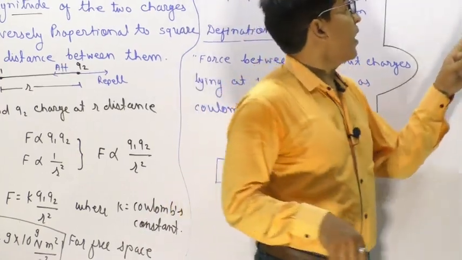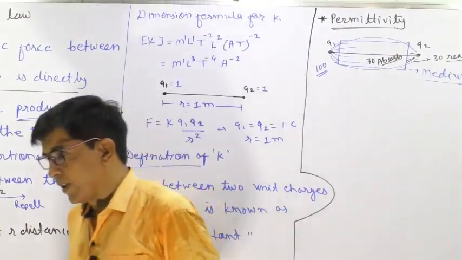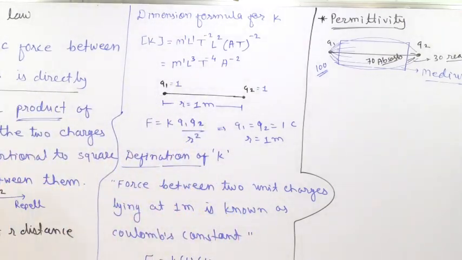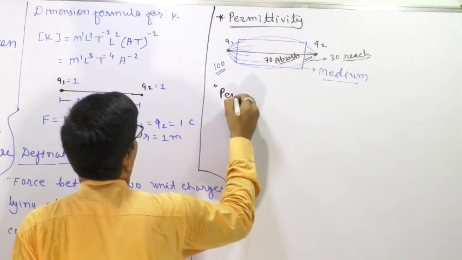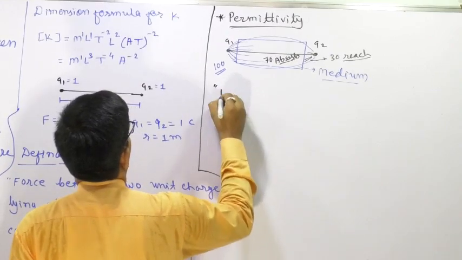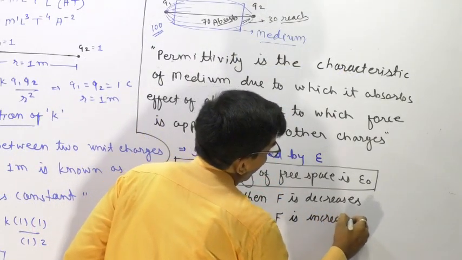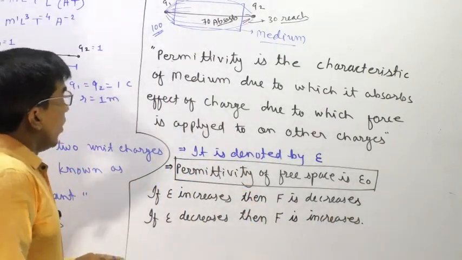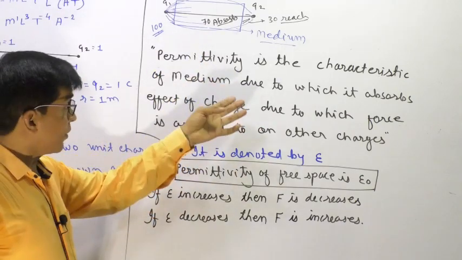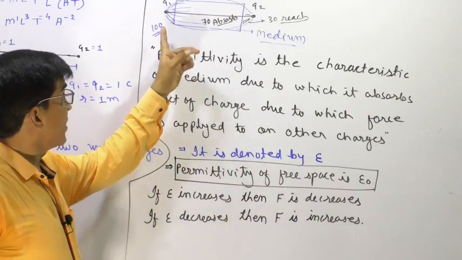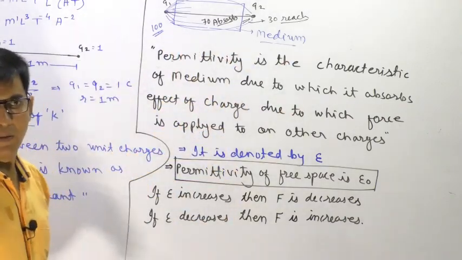But here we are discussing permittivity. Permittivity is the characteristic of the material. Then let's write about permittivity. Permittivity is the characteristic of the medium, a special characteristic due to which it absorbs the effect of charge, the effect due to which force is applied by one charge on the other.